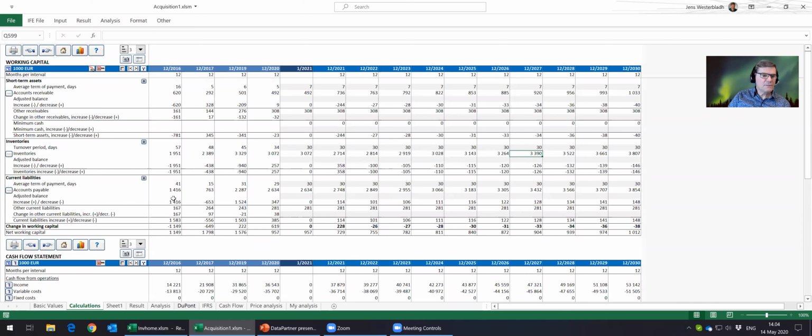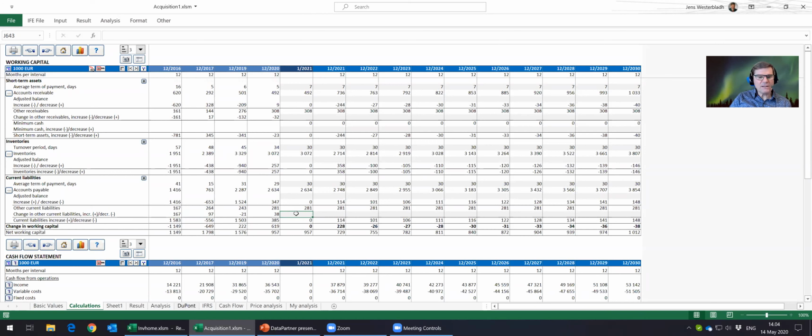Then accounts payable, same thing. We have the average term of payment, and we take a compromise of 30 days here, and it will be calculated based on those 30 days. And then there are still the changes in other current liabilities, increase and decrease.